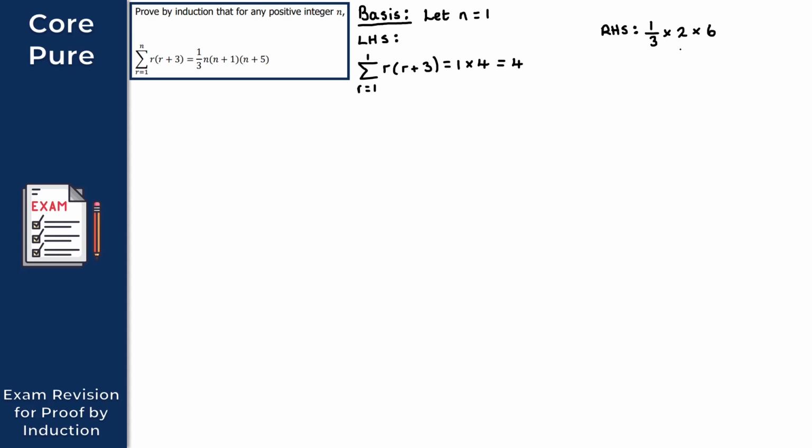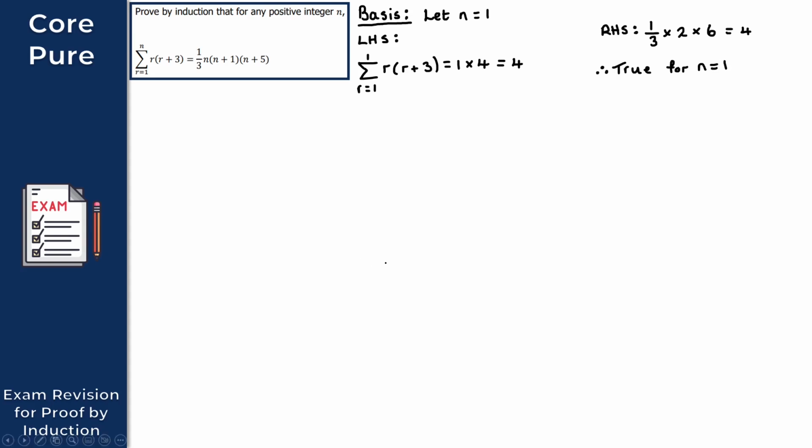Well, 2 times 6 is 12. Divide that by 3, and again, we get 4 here. Perfect. So what that means then is this result here holds for n equals 1. So therefore, we can say that it's true for n equals 1. Okay. So that's the basis step complete.